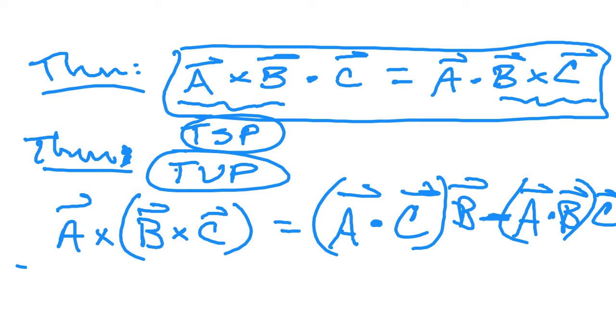I do want you to notice, do you see any cross product on the right side? No. So the right side doesn't look anything like the left side, and we have to be a little careful with that. A vector dot C vector is a scalar, and so is A vector dot B vector.